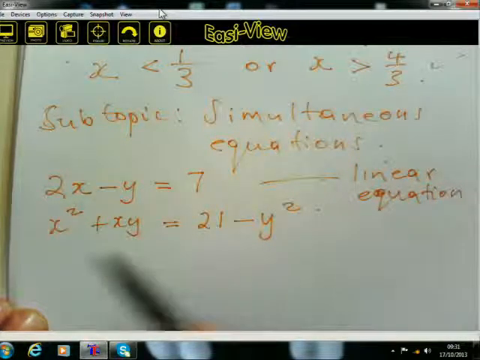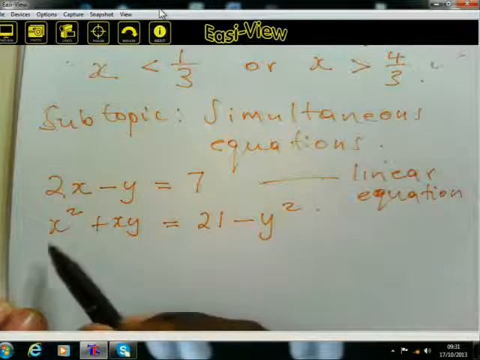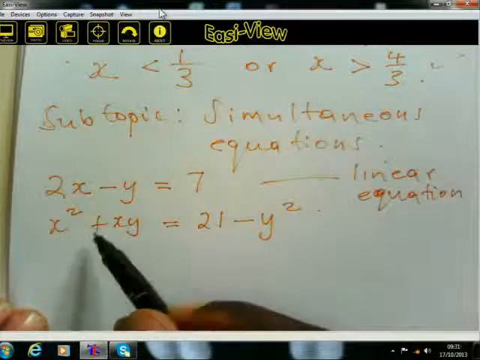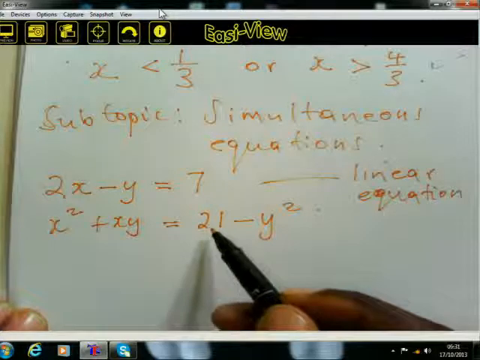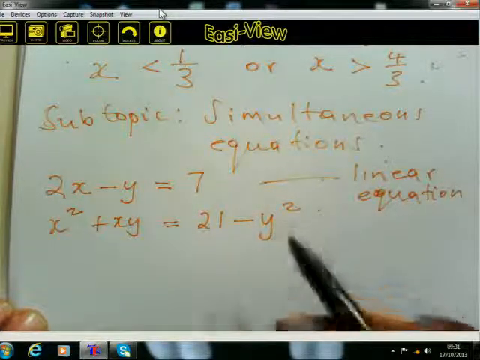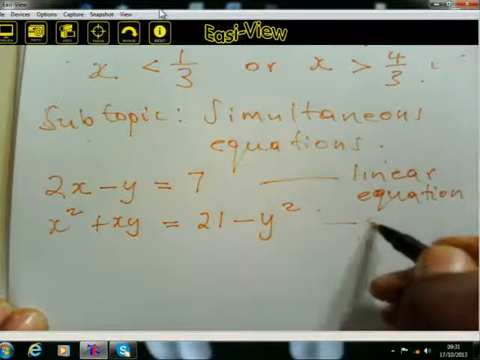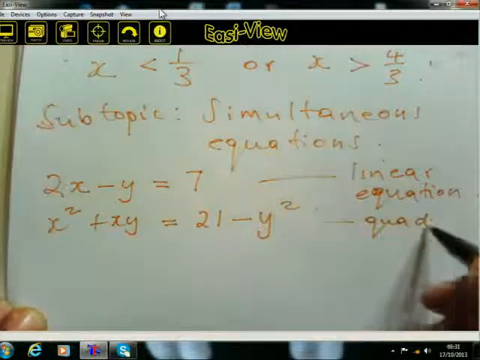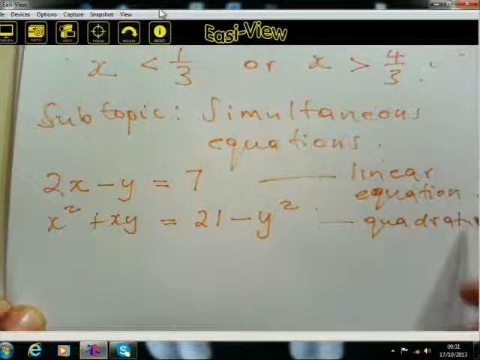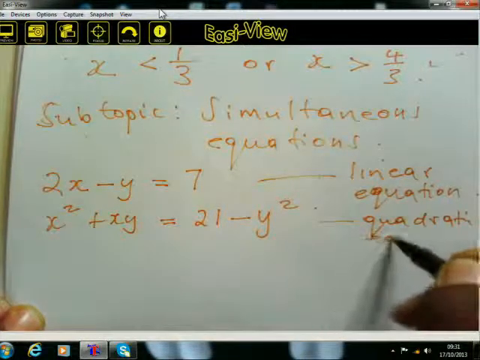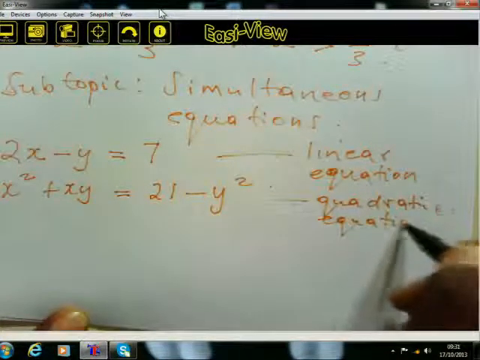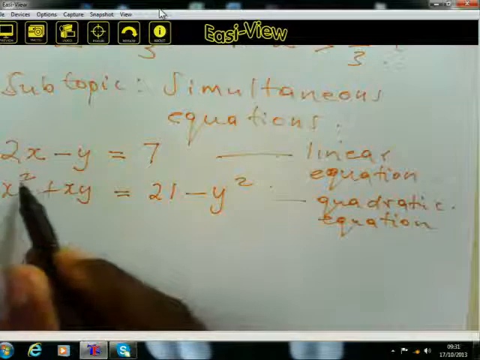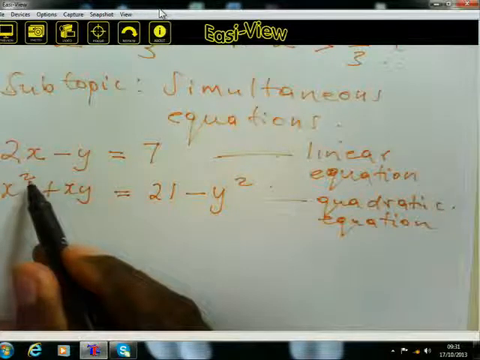Now, coming to the second equation, which is x squared plus xy, which is equal to 21 minus y squared. This one is quadratic. Why quadratic? The highest exponent of x is 2.